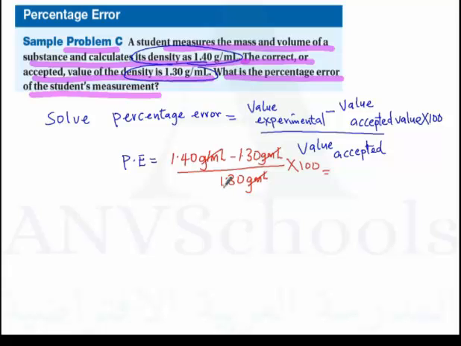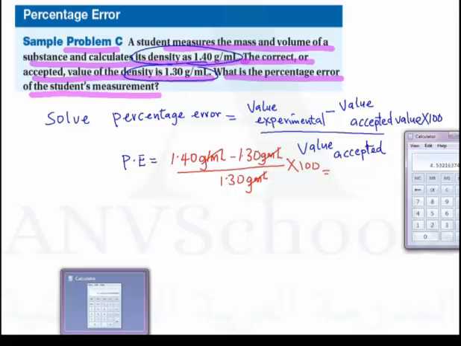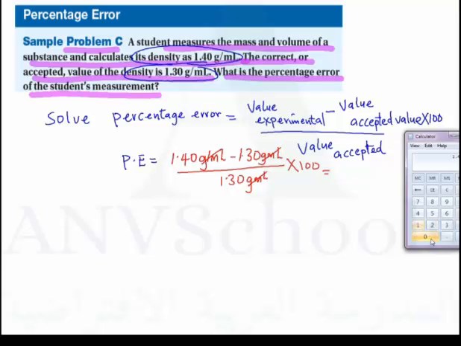Let's do it with the calculator. We have 1.40 subtract 1.30, multiply by 100, then divide by 1.30.